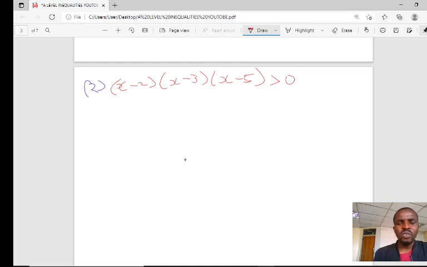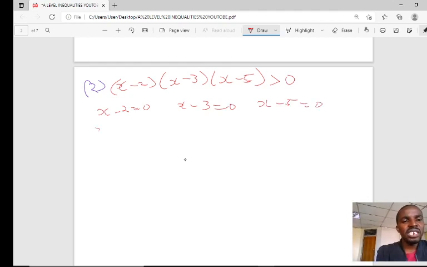So what are the critical values? You take this first bracket, x minus 2 is equal to 0. The second bracket, x minus 3 is equal to 0. The third bracket, x minus 5 is equal to 0. Then from this first equation, you get x is equal to 2. On the second one, you get x is equal to 3.